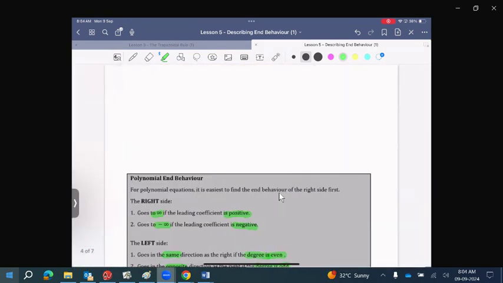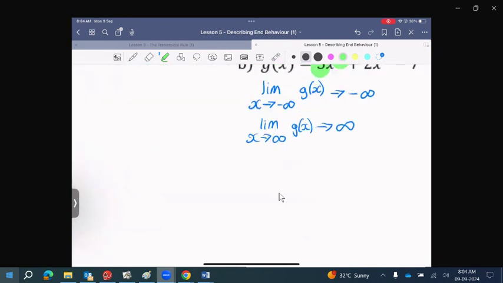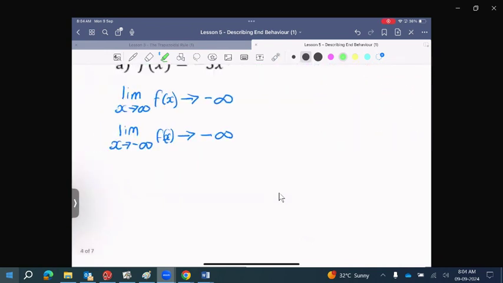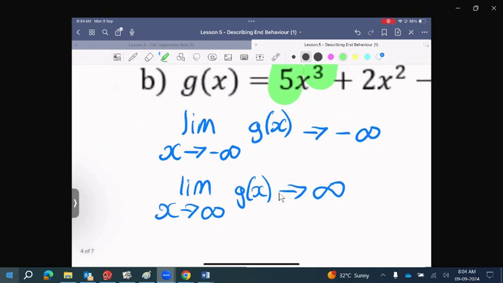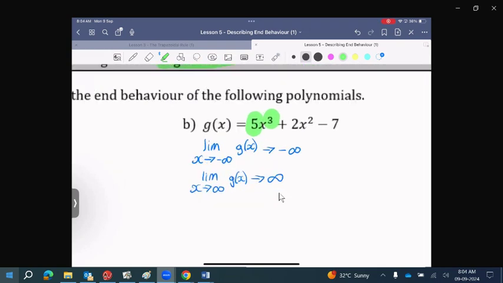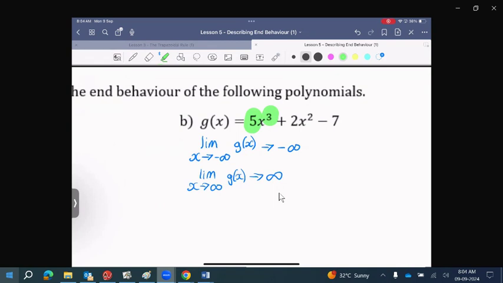But if you're reading this notation, we're very precise. The limit as x approaches negative infinity of g of x approaches negative infinity. Sometimes it can equal a value. Typically, when it approaches negative infinity, you can never equal negative infinity.